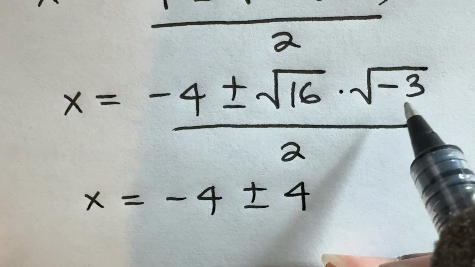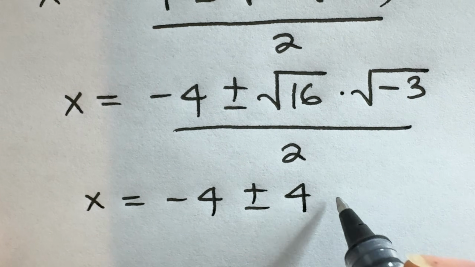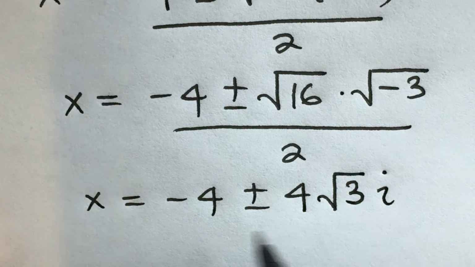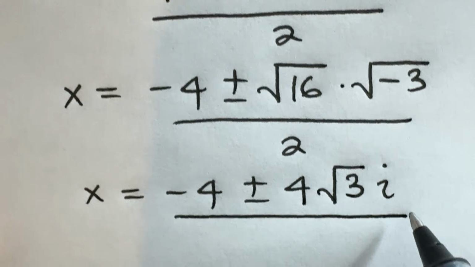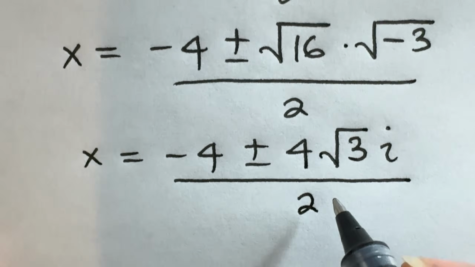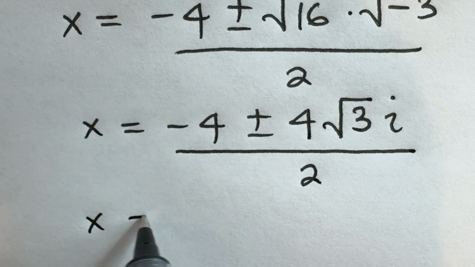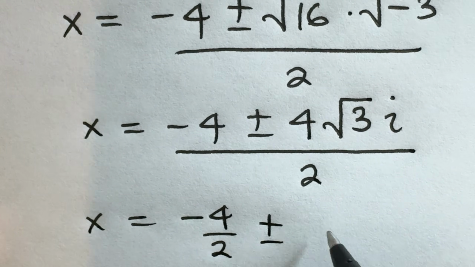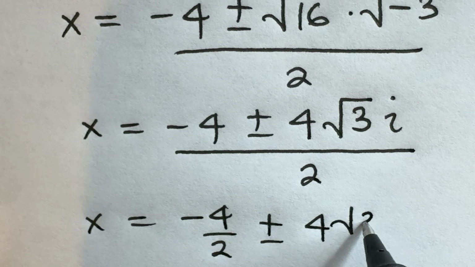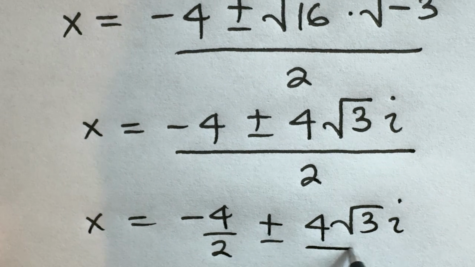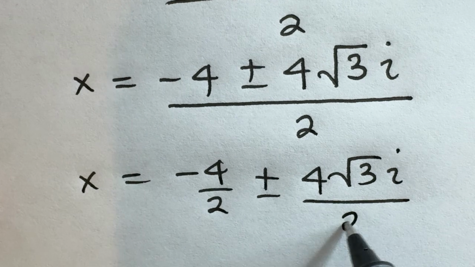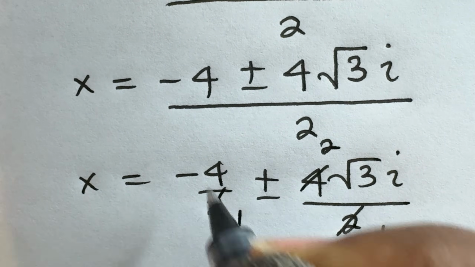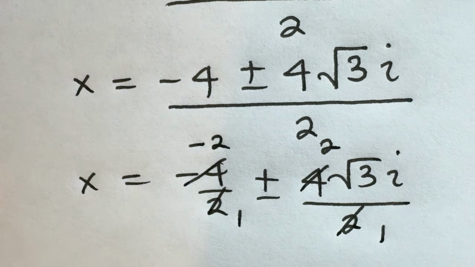So we have 4. Square root of minus 3 is going to give us square root of 3 times i, then divided by 2. We can separate the division to give us minus 4 over 2 plus or minus 4 root 3i over 2. 2 here is 1, 2 here is 2, 2 here is 1, 2 here is minus 2.